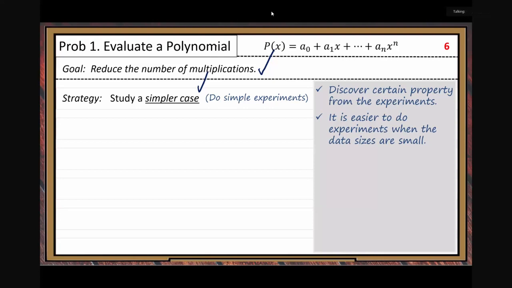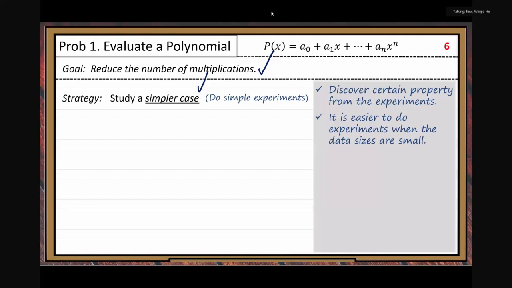That makes our life easier. If you work on a polynomial with degree 10, it's not easy, right? So we should choose a degree much smaller than 10.